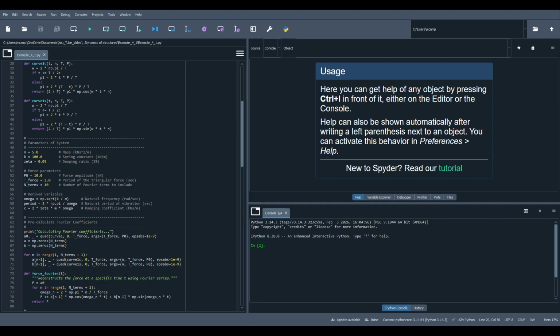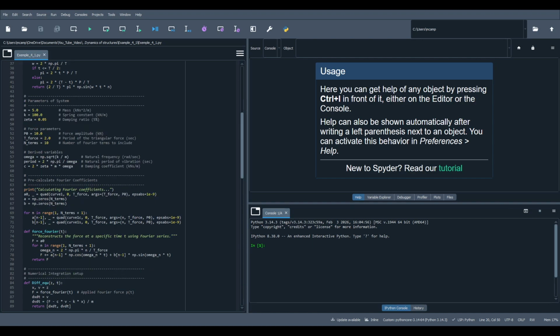T force is the period of the triangular force, in seconds, and n terms is the number of Fourier terms, set to 10. The derived variables are omega, the period, and the damping coefficient.